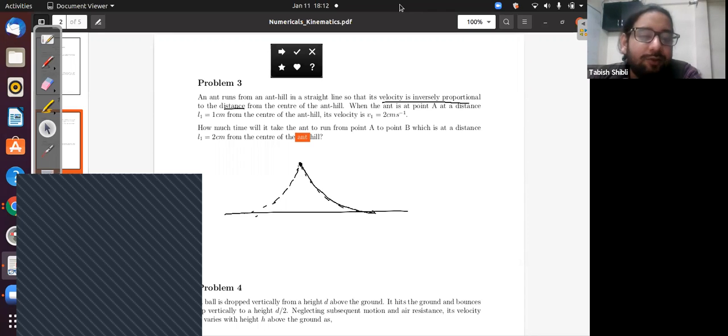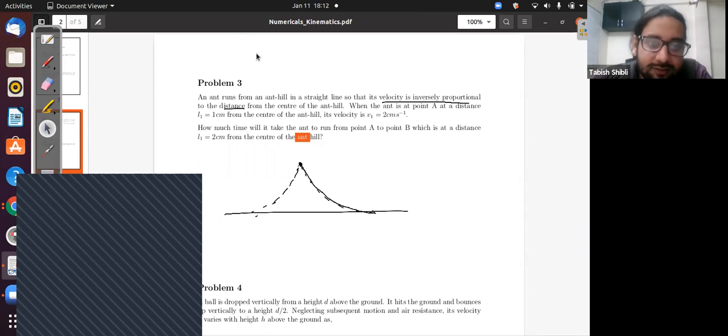You actually have to calculate the time, so it cannot be in centimeter second. But 1 second. Okay, Yuvraj, how did you go about doing this? Tell me, tell me.